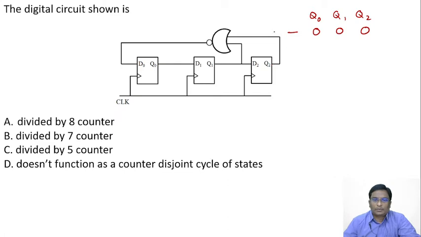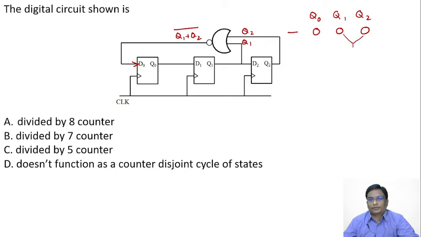And here, this output and this output will be given as D inputs. This Q2, this Q1, this is a NOR gate. Q1 plus Q2 bar is given as input to D0. We do the NOR operation for these two.